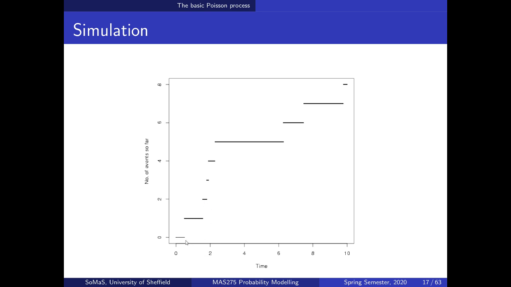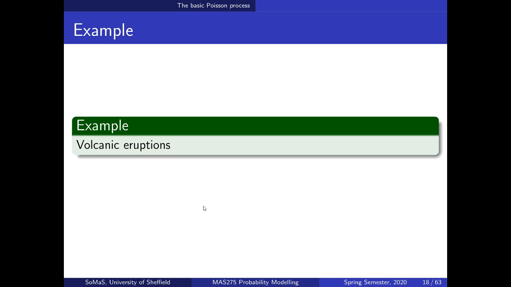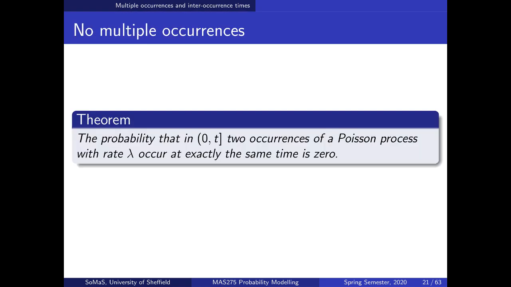They're called T1, T2, T3, and so on. One thing we said last time is that you can't have two occurrences at exactly the same time, meaning that these inter-arrival times are not equal to 0. If you have an event, you always have to wait a certain amount of positive time until the next event.